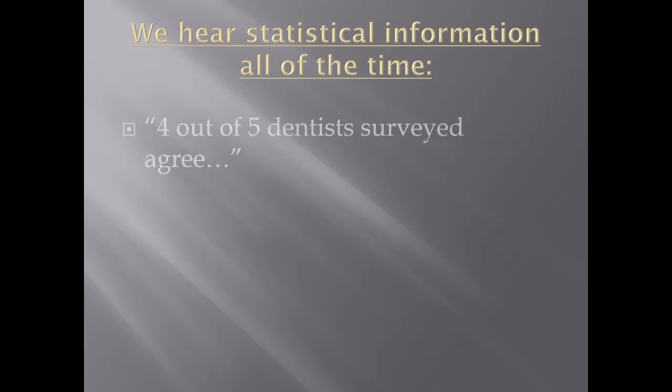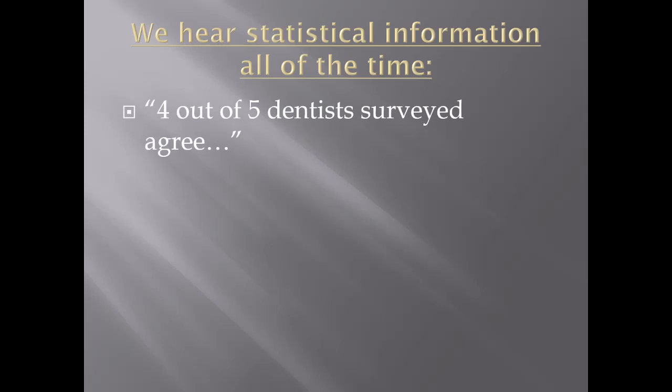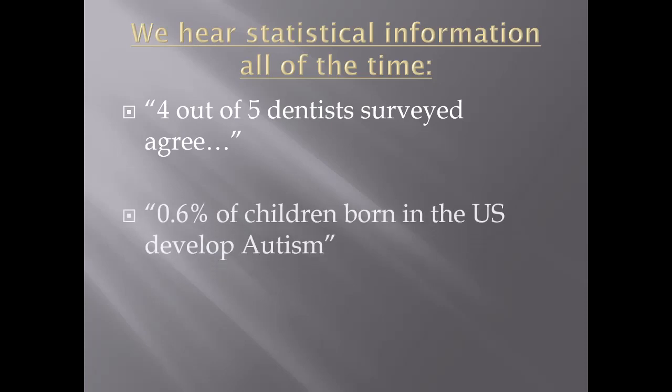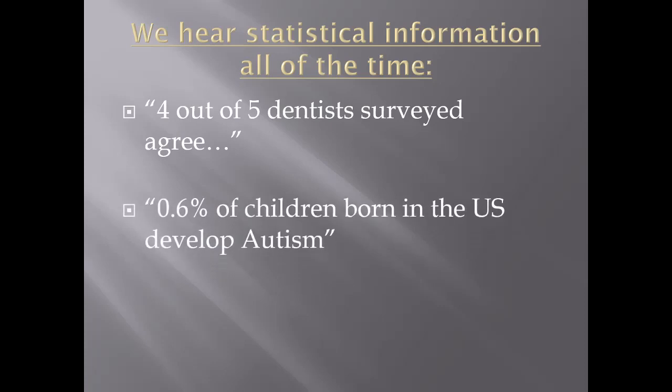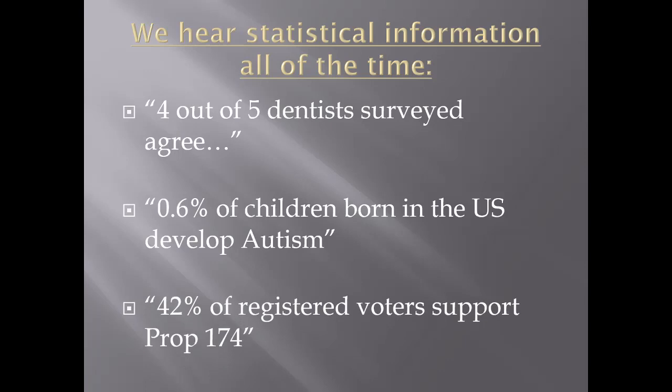Things like 4 out of 5 dentists surveyed agree that this particular gum prevents tooth decay, or 0.6% of children born in the U.S. develop autism, or 42% of registered voters support Prop 174. Those are all statistical claims. We're constantly bombarded with statistical information.